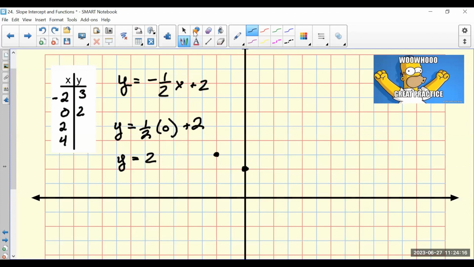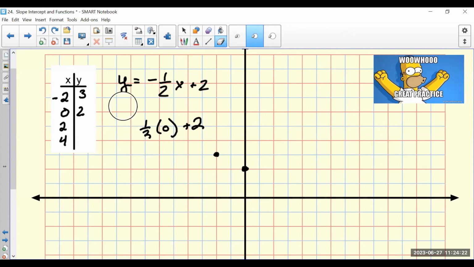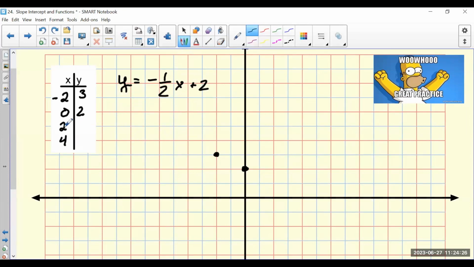We've got 2 points. Now, could we draw a line? Yes, we could. We don't want to do it yet, though. We want to make sure that we've got at least 3 points in the line. So let's do +2. Hey, you know what? Let's just jump down to +4. Y equals -1/2 times 4, so -1/2 of 4, plus 2.